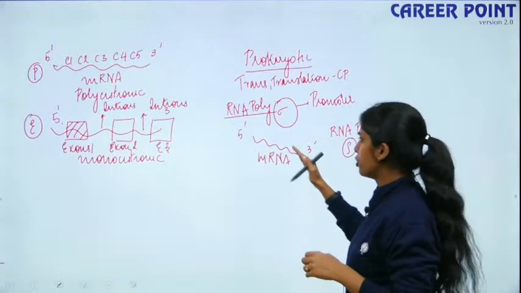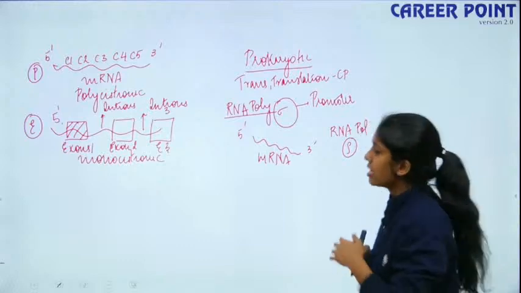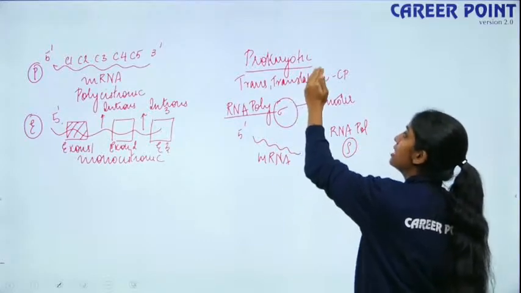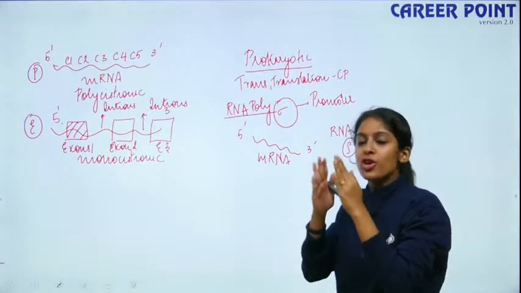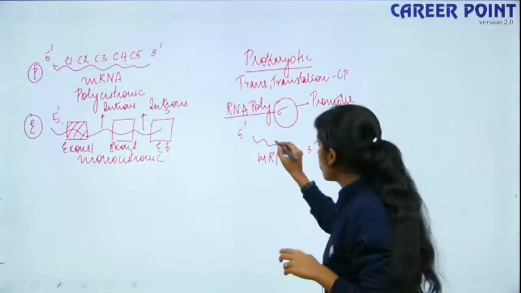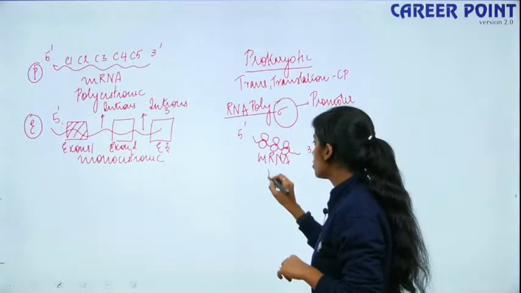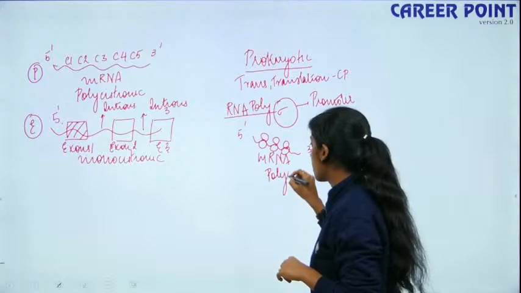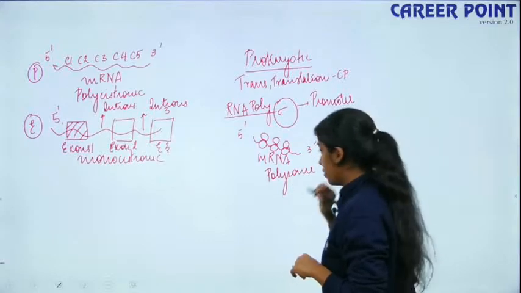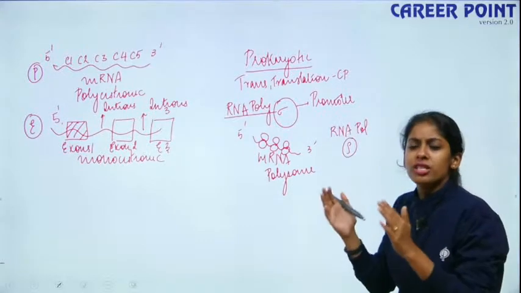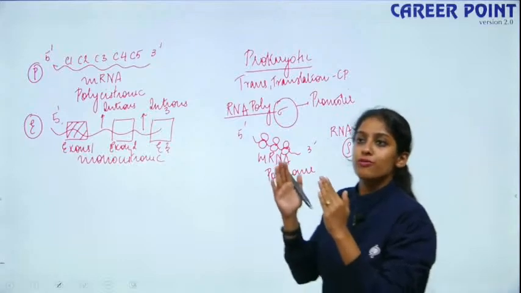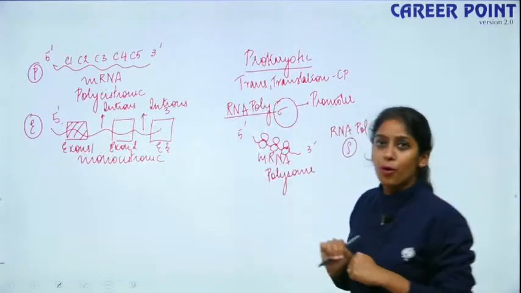Thus your mRNA is synthesized. Since both processes happen in the same place, as soon as your mRNA is synthesized, ribosomes come and bind like this. This is known as a polysome, if you remember. So immediately after transcription, translation begins in prokaryotes.